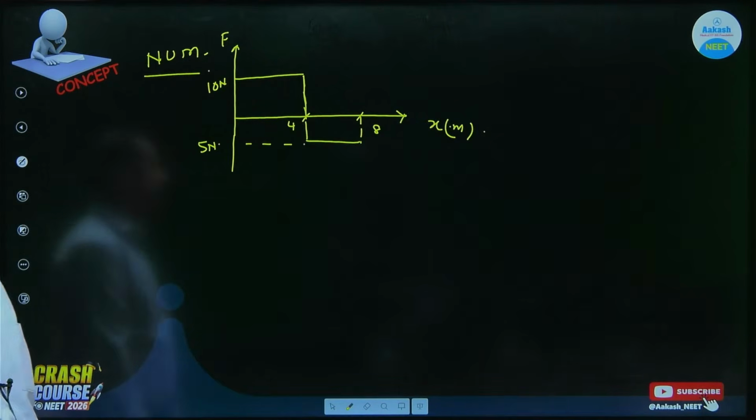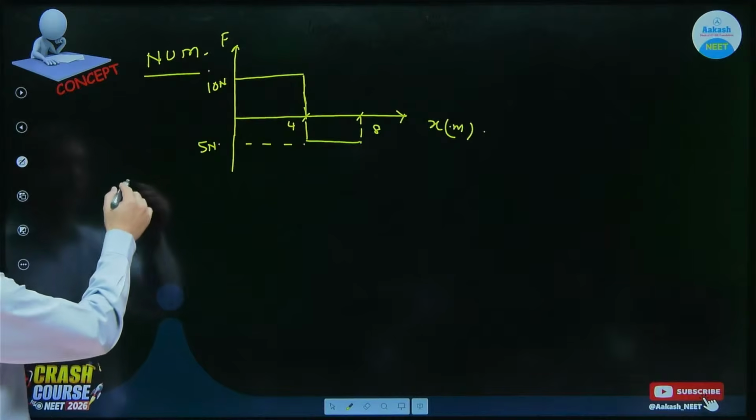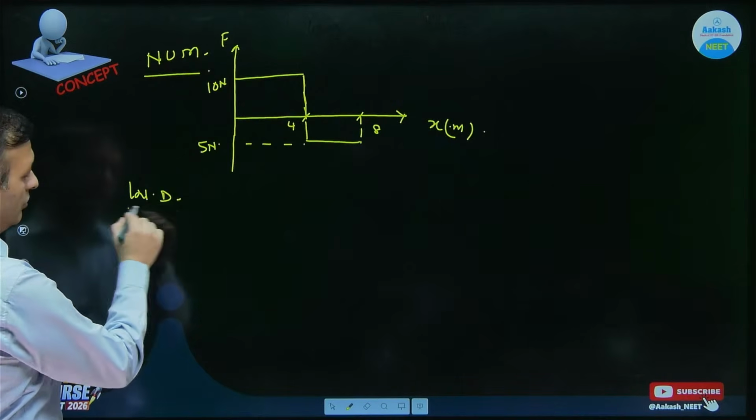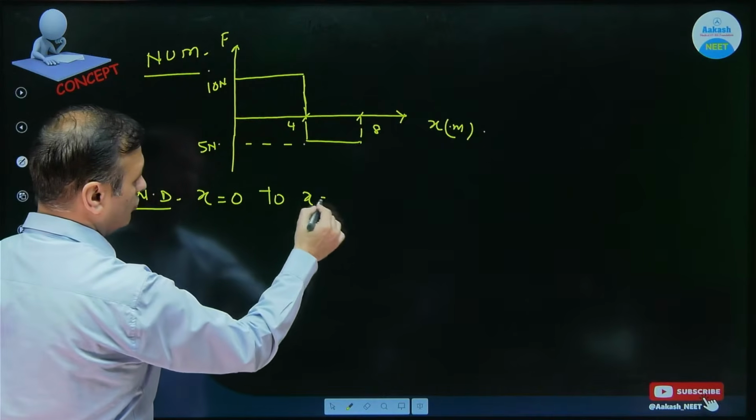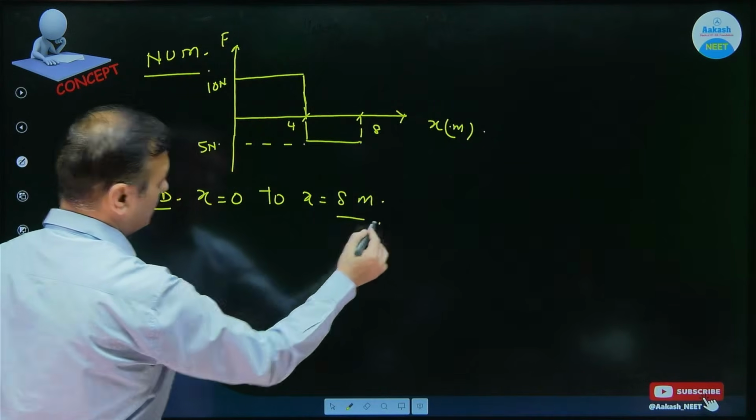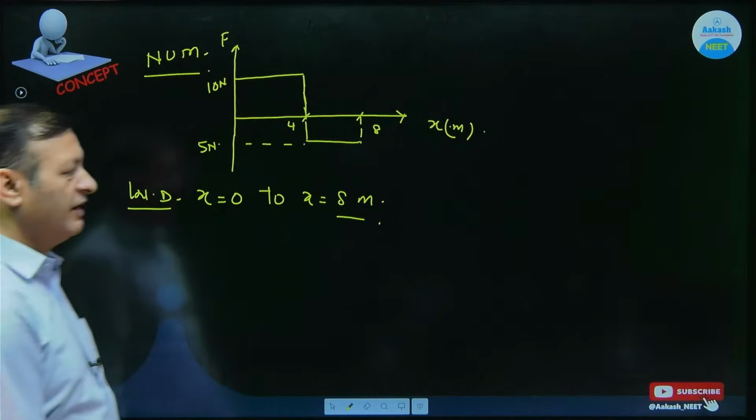Then how will you calculate the work done? If I ask you to find out work done from x equal to 0 to x equal to 8 meters only, it is quite simple, we have just understood.